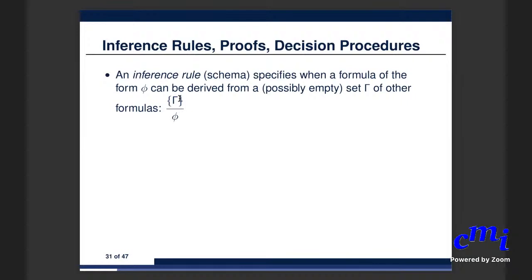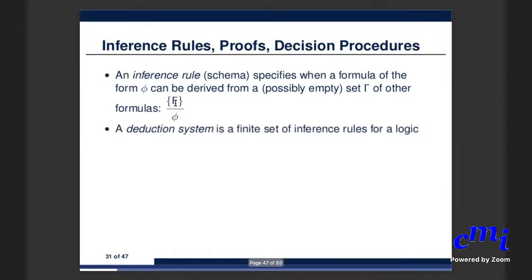It's usually written this way: I can derive phi, any formula of the form phi, from some other formulas. That's what the inference rule says. So a deduction system is a finite set of inference rules for a logic.